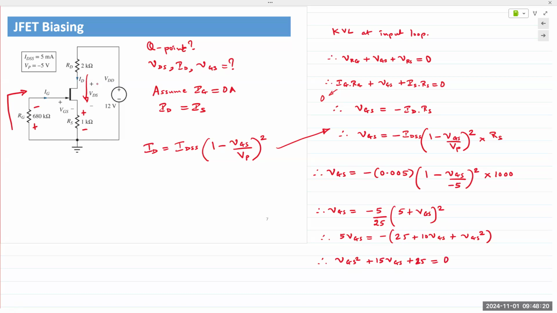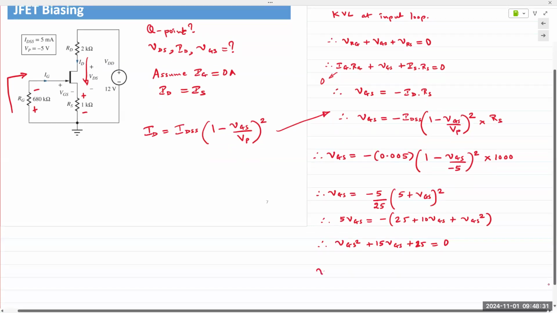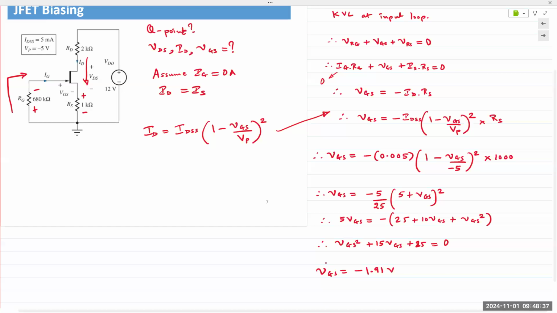So we obtain a quadratic equation. Plug this into your calculator, calculate the roots, and you obtain VGS is equal to minus 1.91 volts, or VGS is equal to minus 13.1 volts.